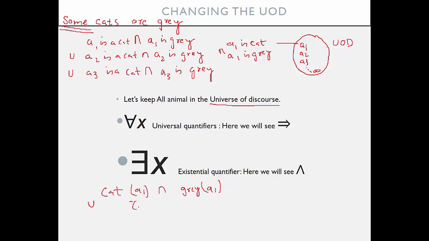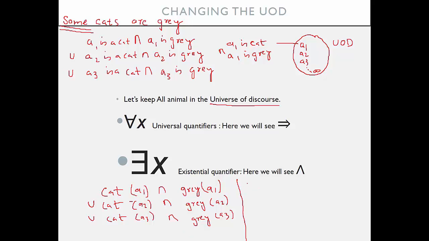A2 is a cat and A2 is gray. Or A3 is a cat and A3 is gray. It can go on and on if we have more animals who are cat and are gray.